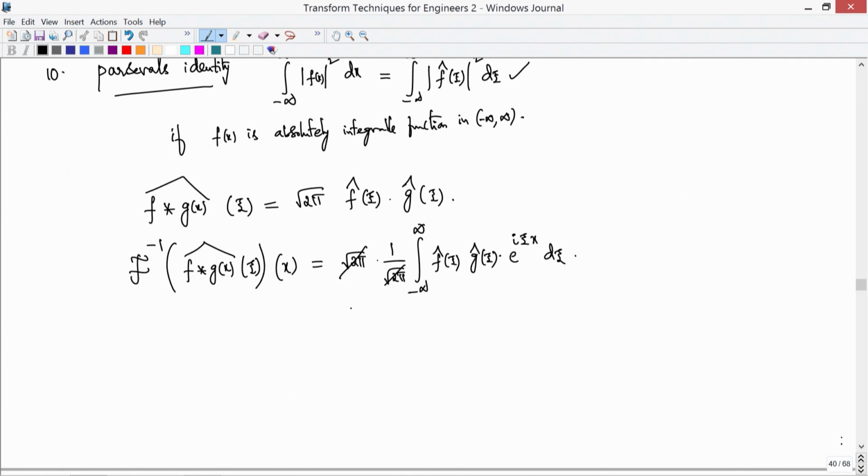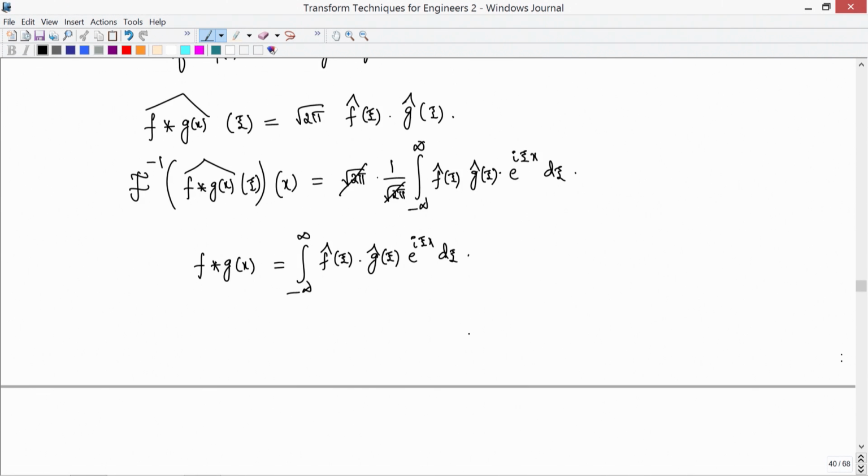So, this gets cancelled, and this is nothing but f star g of x, which is equal to the integral from minus infinity to infinity of f cap of xi into g cap of xi e power i xi x d xi. Okay. Now, what you have to do? Simply put x equal to 0 here.